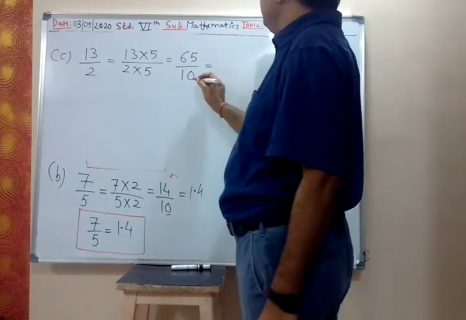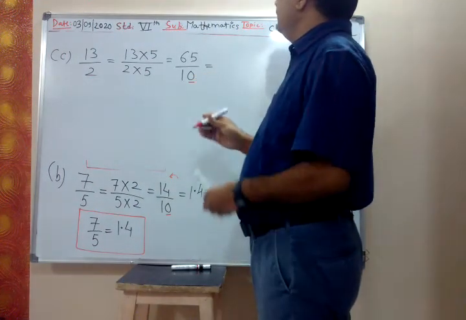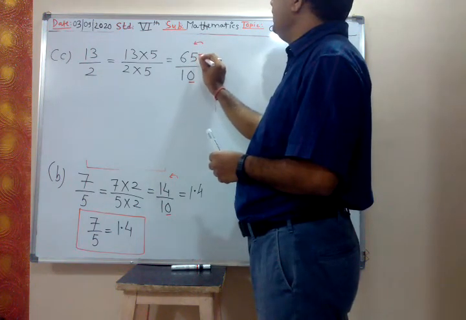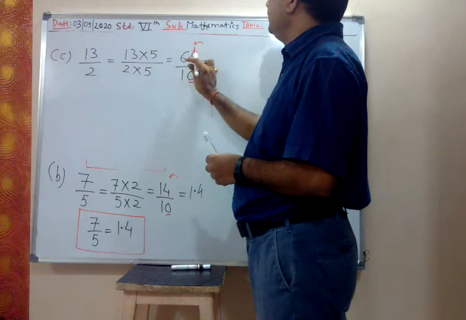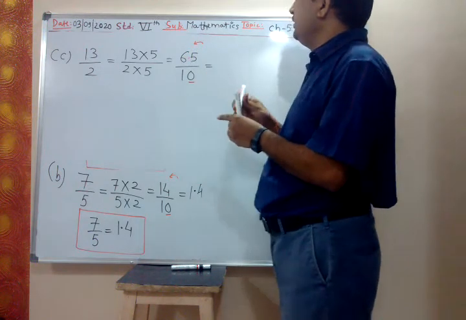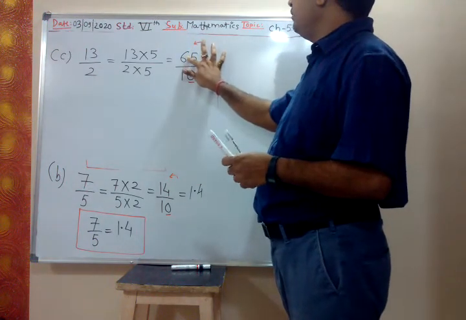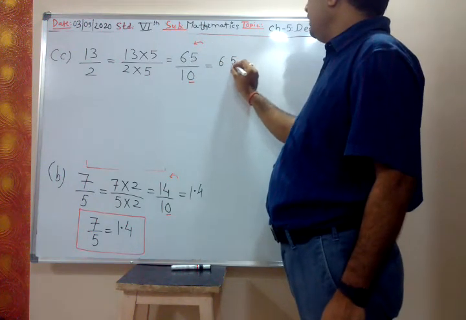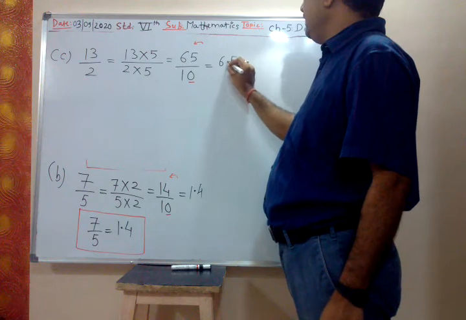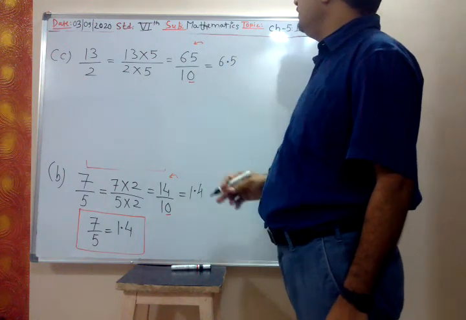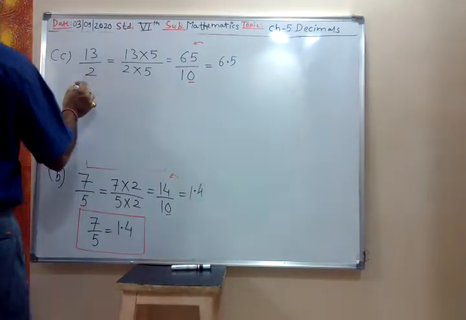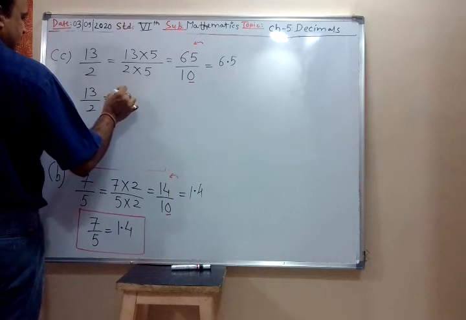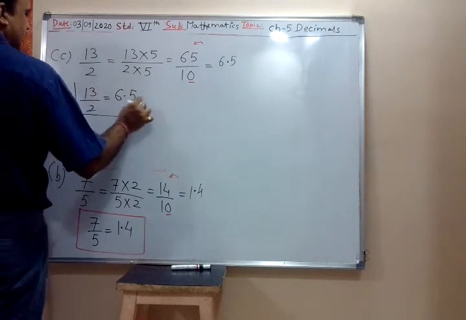In the denominator, how many zeros are there? 1 zero. So I will start from the right and put the decimal after one digit. So 5, put the point. That will be 6.5. So 13 upon 2 is 6.5.